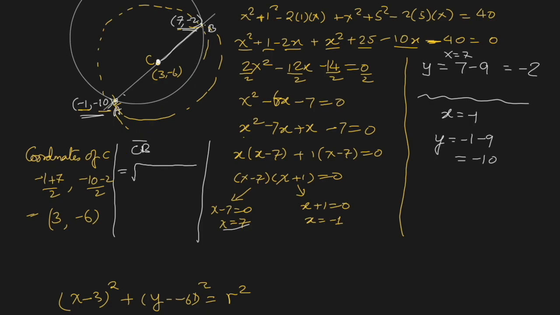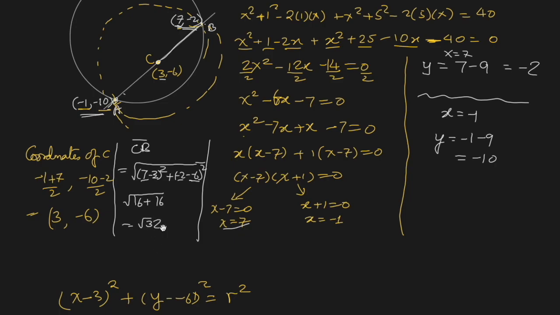So x2 minus x1, 7 minus 3, square, plus y2 minus y1, minus 2 minus minus 6, square. Okay, 7 minus 3 is 4, so 16, plus minus 2 plus 6 is 4 again, so 16. 16 plus 16, square root 32.